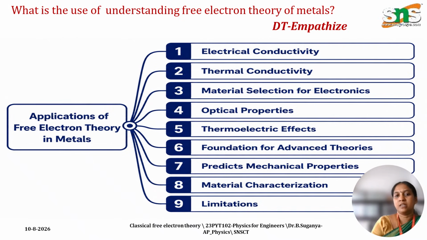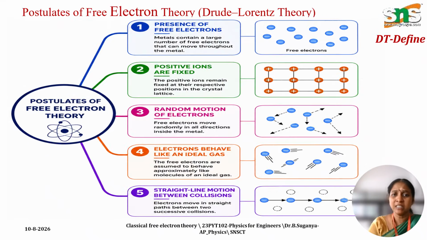They are used in electrical conductivity, thermal conductivity, material selection for electronics, optical properties, thermoelectric effects, then foundation for advanced theories, then predicting mechanical properties, then material characterization. So these are all their applications, so we should know about free electron theory.